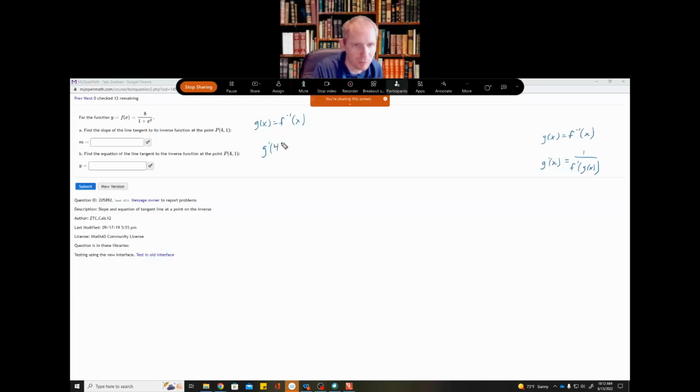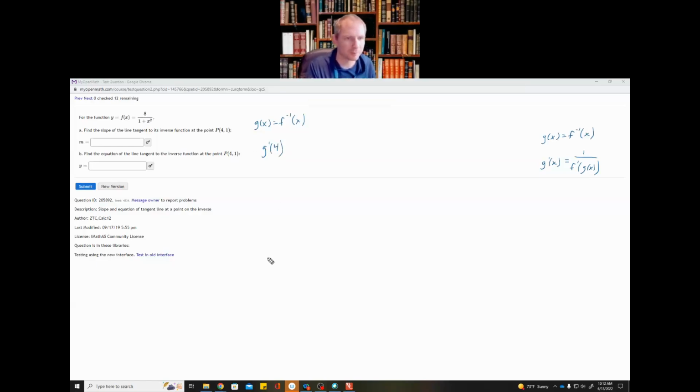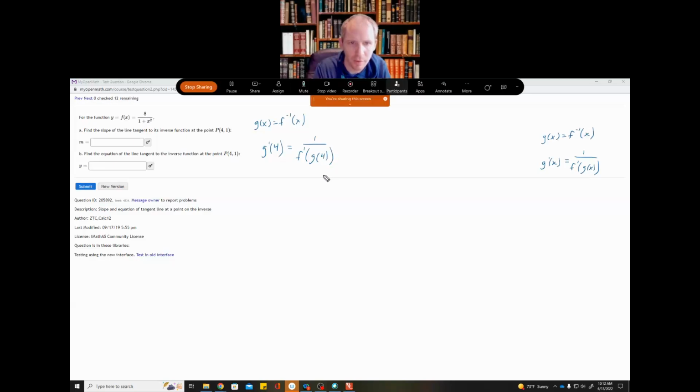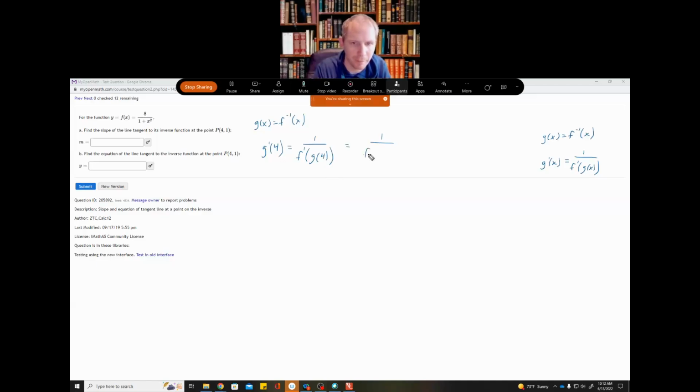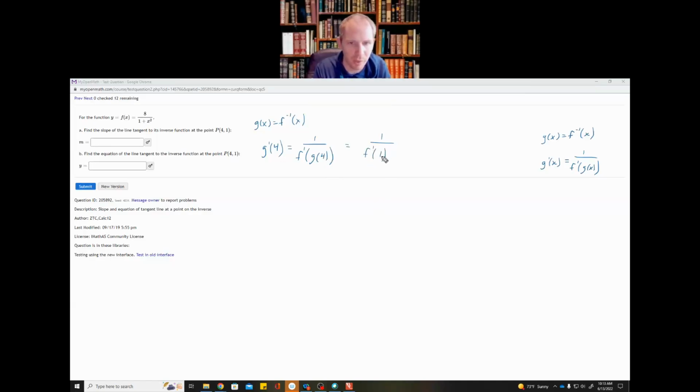Okay, so we'll come back to that. Okay. So using my formula, this is 1 over f prime of g of 4, and g of 4 is 1. So it says 1 over f prime of 1. So what I'm going to do is compute the derivative here and then plug 1 into it.